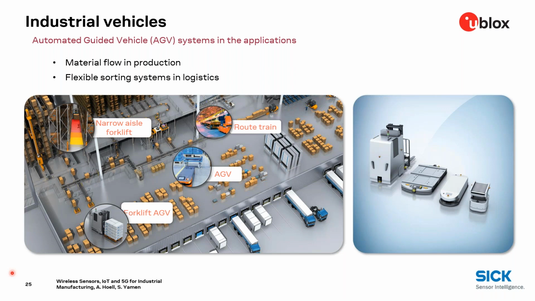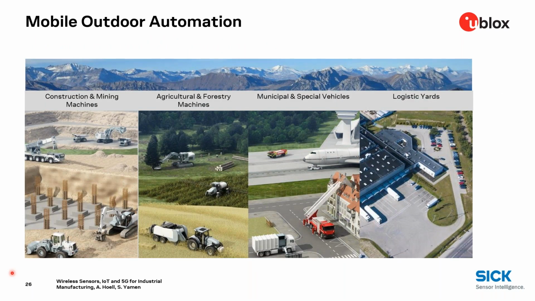A second, even more expensive application we see perhaps on the next slide. Here we see an overview of different industries where we see mobile machines, what we summarize as mobile machines, and we are speaking here about prices of several $100,000s for one machine.